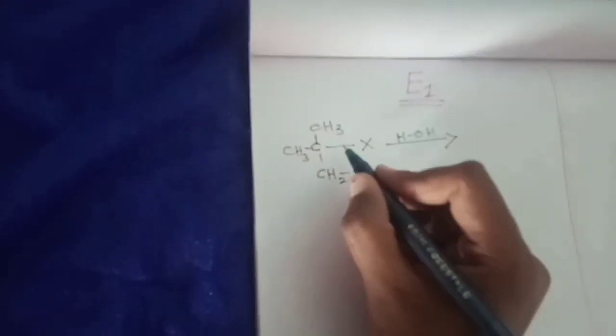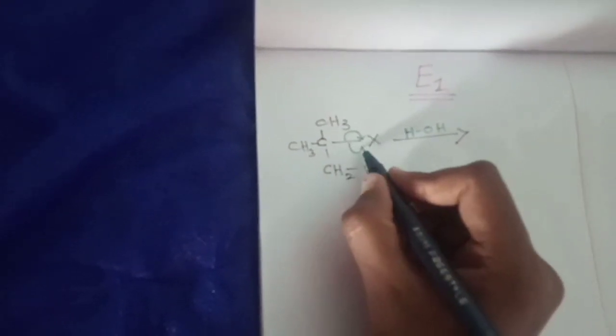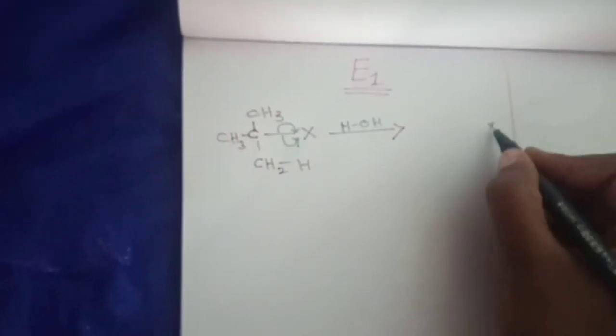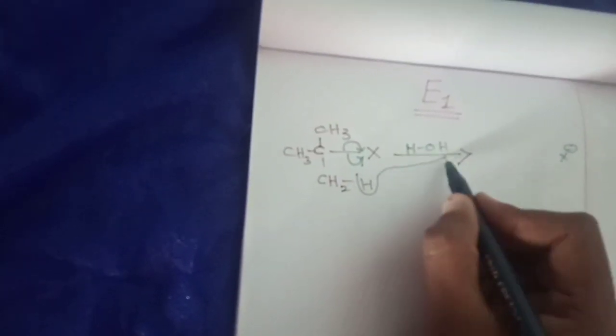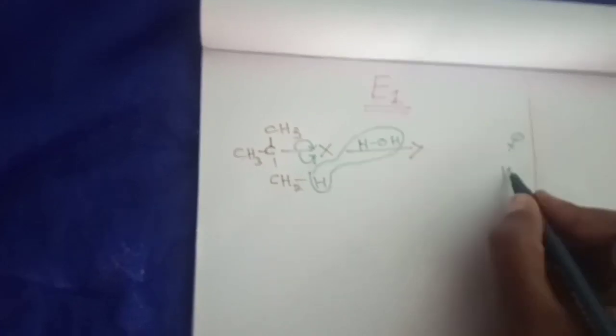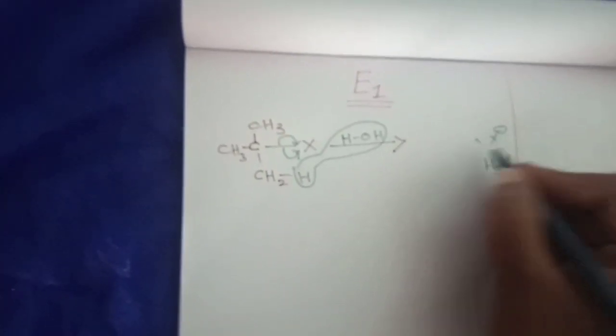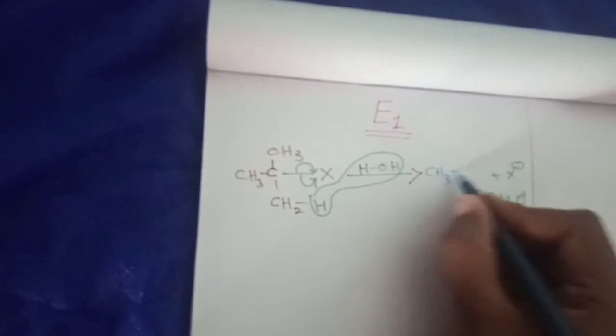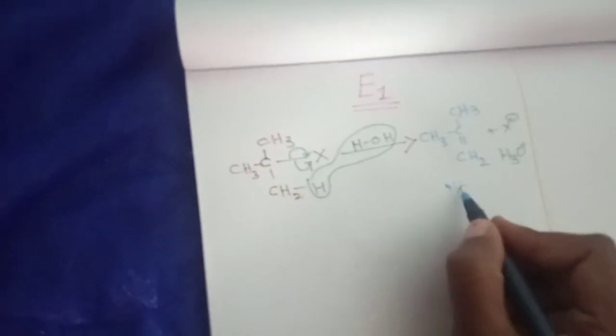Due to high electronegativity, halogen is removed as X minus, and again this hydrogen and water are removed as H3O plus. Now we get the product alkene. It makes a double bond with CH2. This reaction will not occur in a single step. It occurs in two steps.